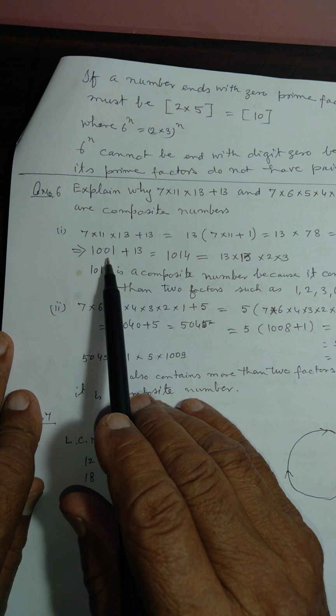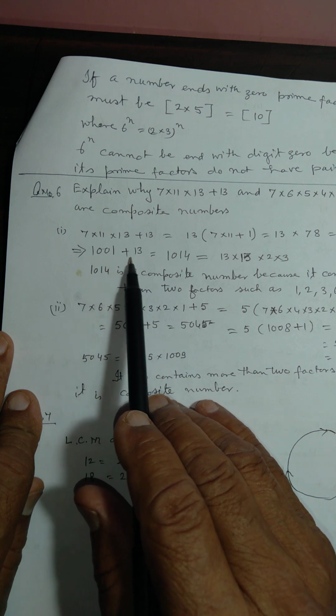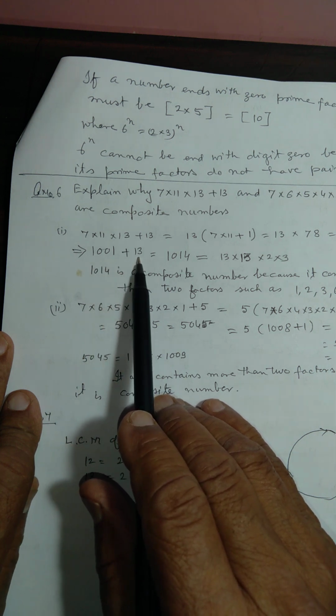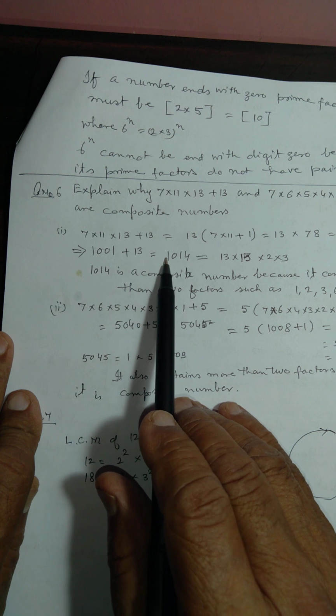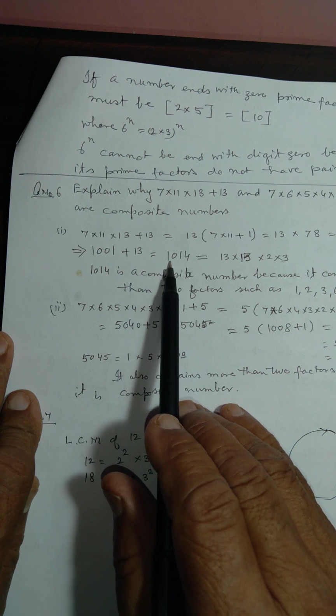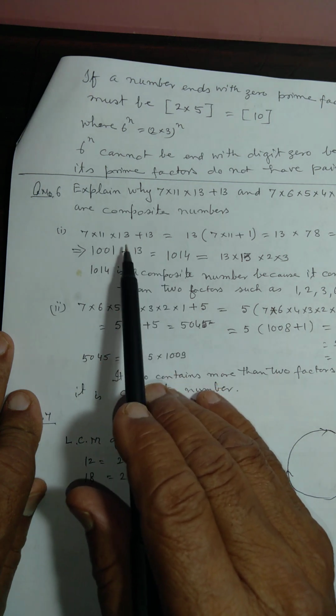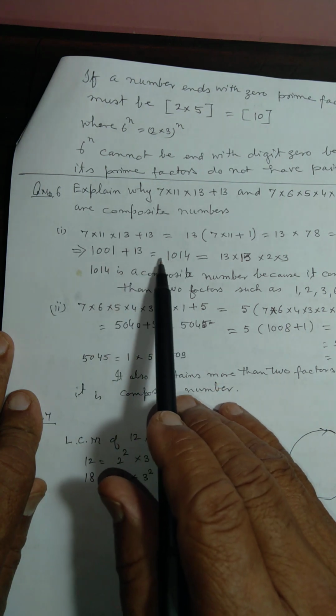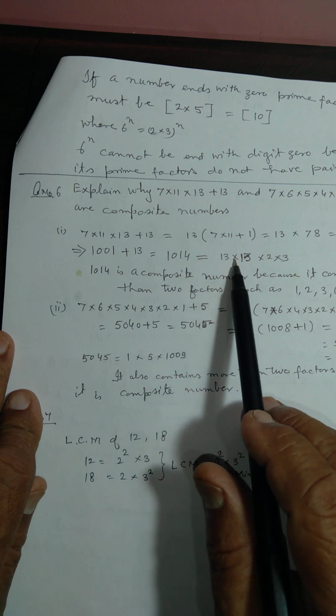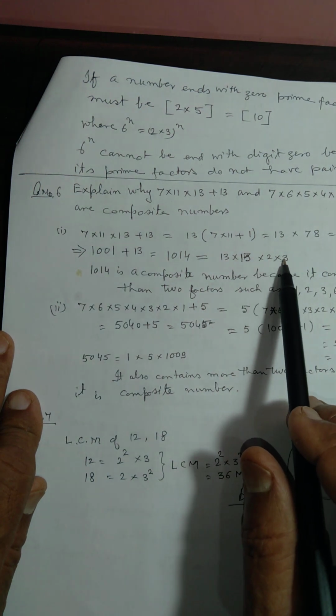Now next, you see, 1001 plus 13 into 1 is 1014. If you add all these things and solve it, you will get this number. So 13 into 13 into 2 into 3.